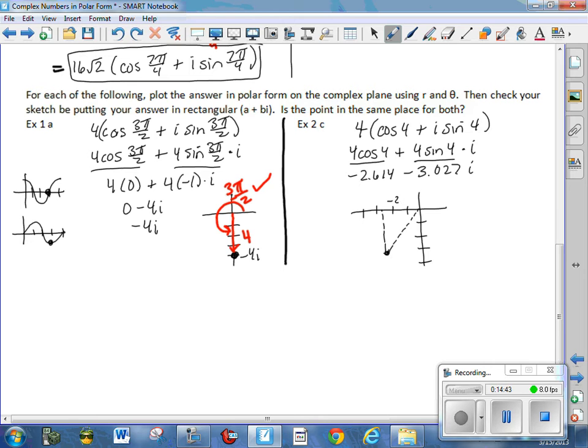So this is negative 2.6. This is negative 3.0, if we round it a little bit. And this is 4. Well, that makes sense. That would be a reasonable right triangle. And then what's the angle? The angle is 4 radians. Well, does 4 radians end up in quadrant 3? Yes, it does. So that makes perfect sense. All of those match up nicely.